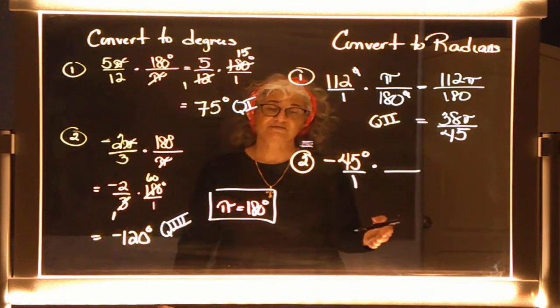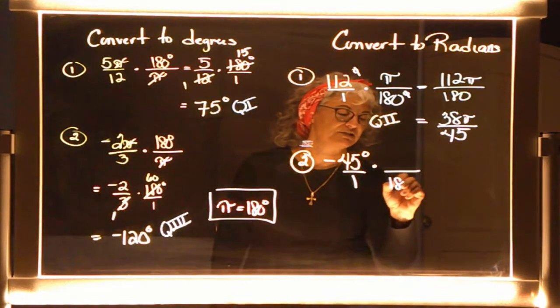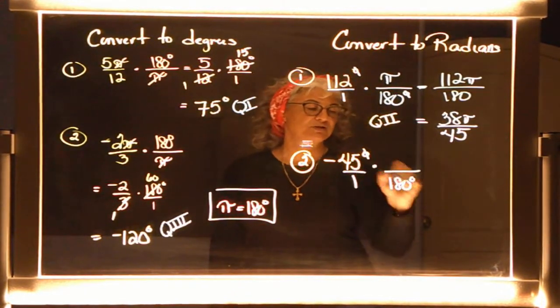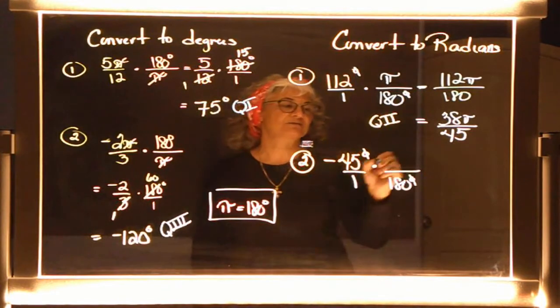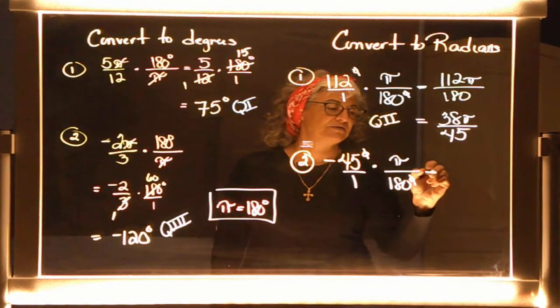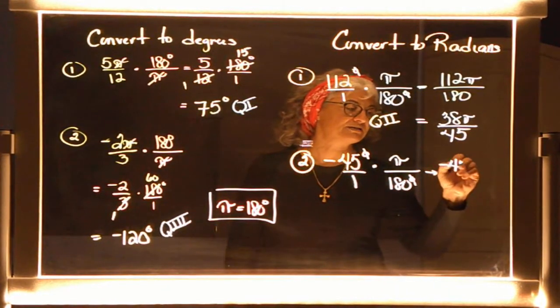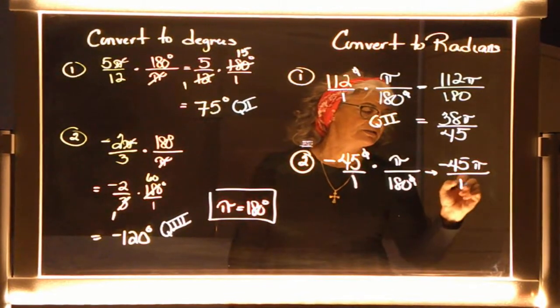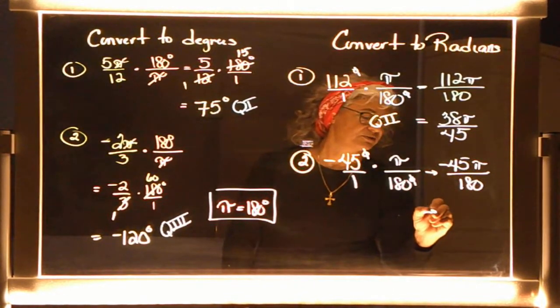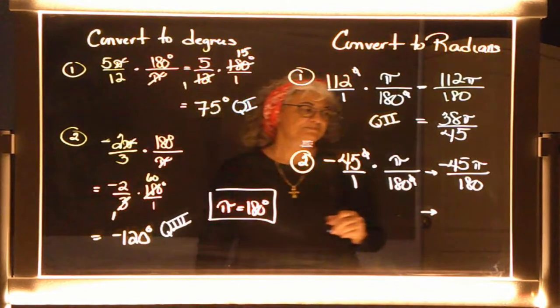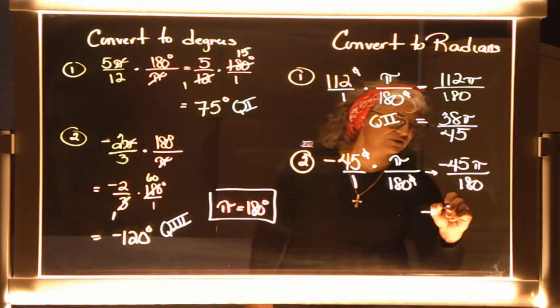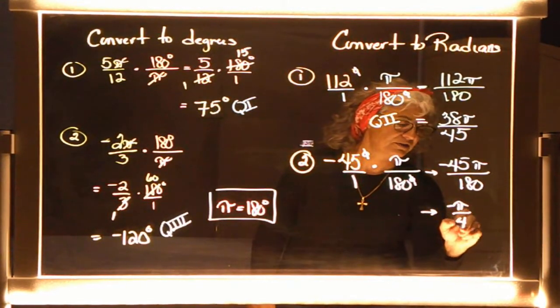No, you want to get rid of them, don't you? So that means the 180 degrees on the bottom, so degrees on top and degrees on the bottom cancel, don't they? And then you're left with simplifying this particular fraction, which, what does that give you? Yeah, that gives you negative pi over 4.